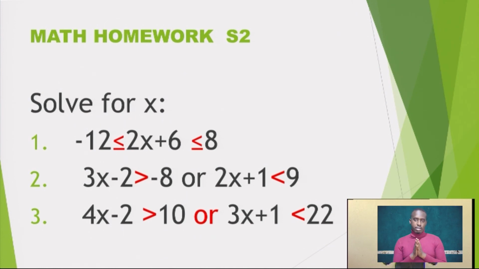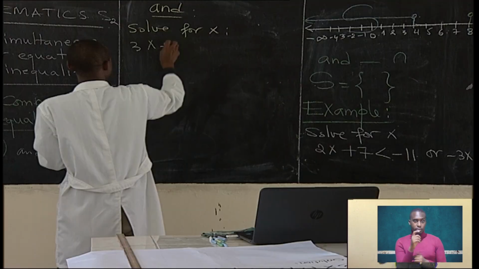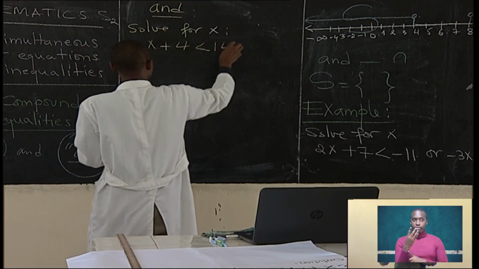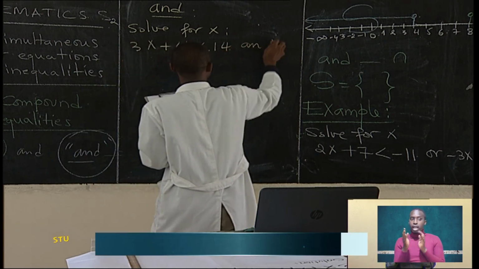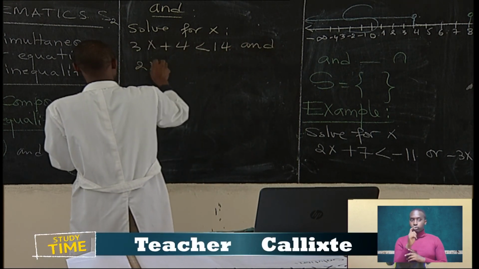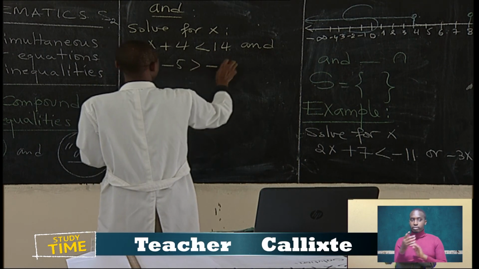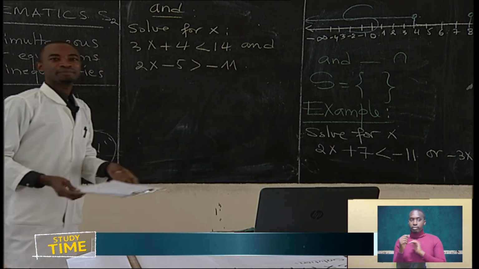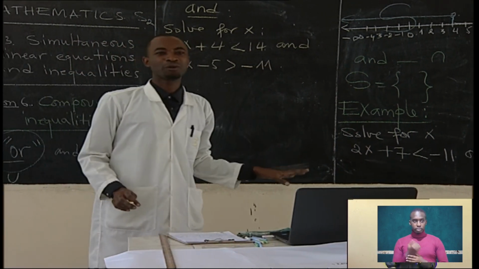I think it would be very nice to give it to you. We have the word and. Let's solve for x. We have 3x plus 4, 14, and 2x minus 5, negative 11. I'm sure this one will fit.